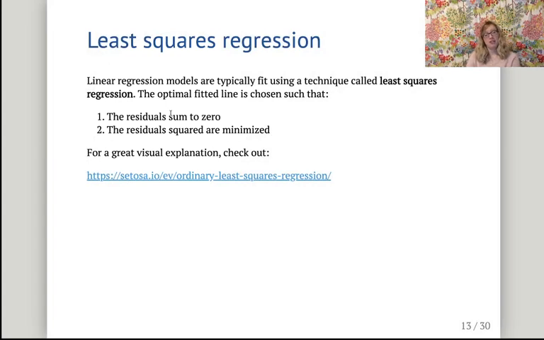We want them to average out to be 0. Second condition is that the sum of the squared residuals should be minimized. So we want to make sure that we have the smallest possible squared residuals. If you're a visual learner, there's a really good explanation at this website, setosa.io. I strongly recommend that you check this out and play around a little bit with how these regression lines are found.